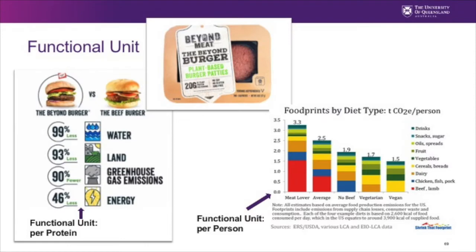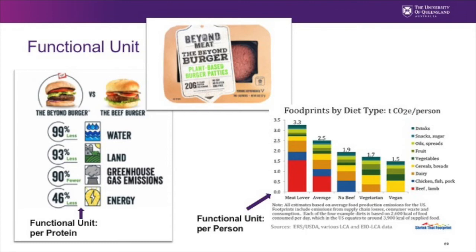So functional units can vary depending on what we are looking at. In the case of the meat or the patties to make burgers, the functional unit can be protein. So everything will be based per gram of protein.